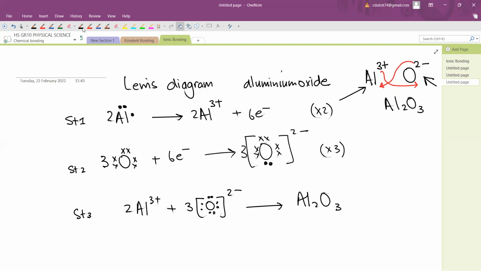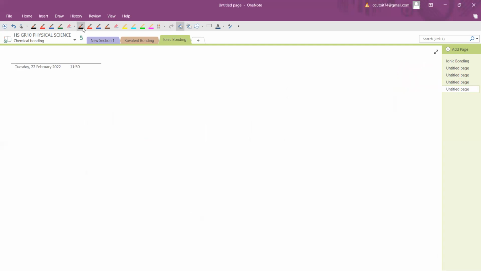Okay. You're going to do, let's say, calcium oxide. We've just done oxide. Calcium oxide. Go. 3 steps: 1, 2, 3. How do I know it's 3 steps? Well, it's a metal and a non-metal. Go.